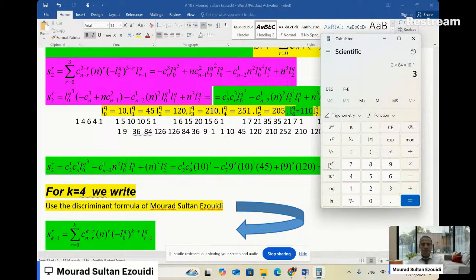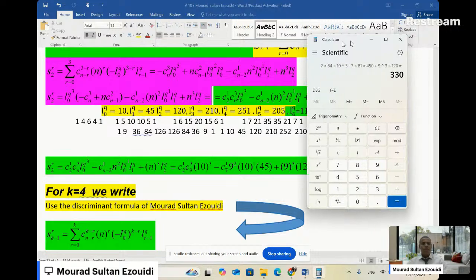Minus 7 multiplied by 9 squared is 81. Multiplied by 10 multiplied by 45 is multiplied by 450. Plus, my kids, 9 cubed, raised to the power 3 means multiplied by 120. So this one is equal to 330.